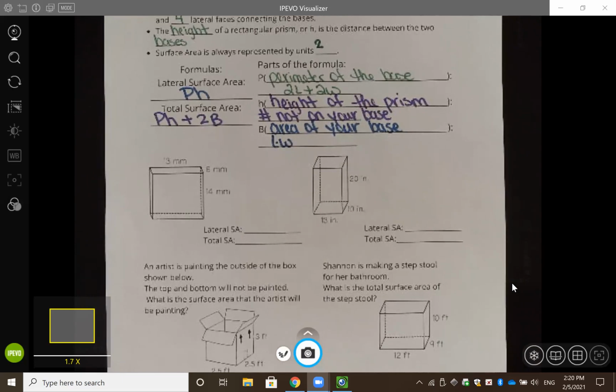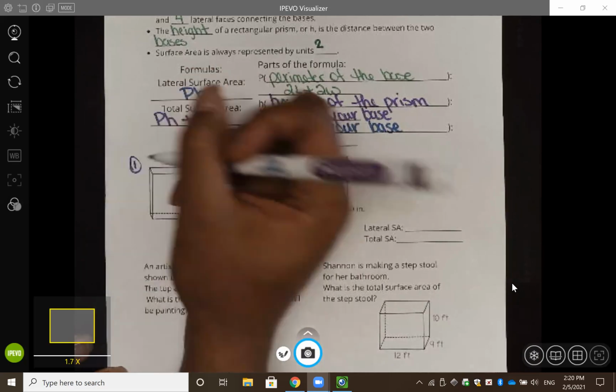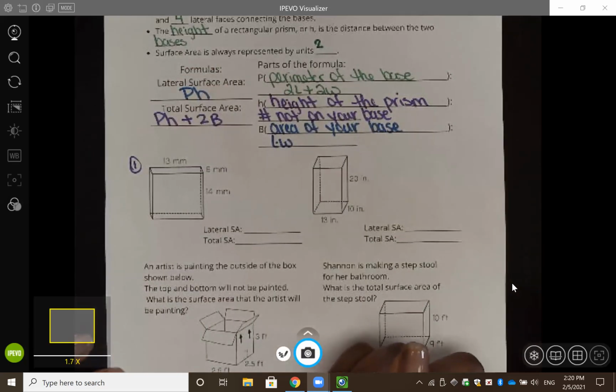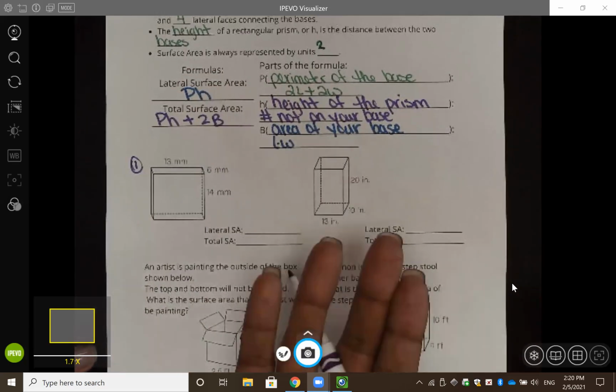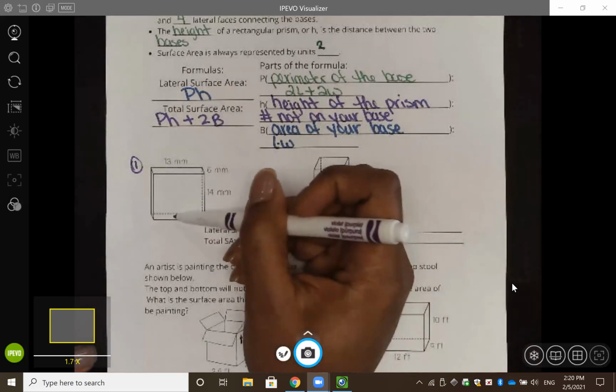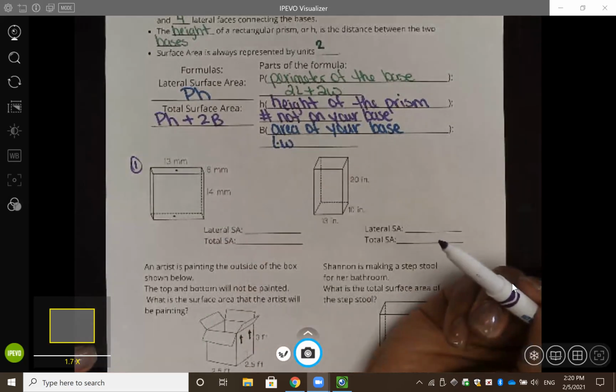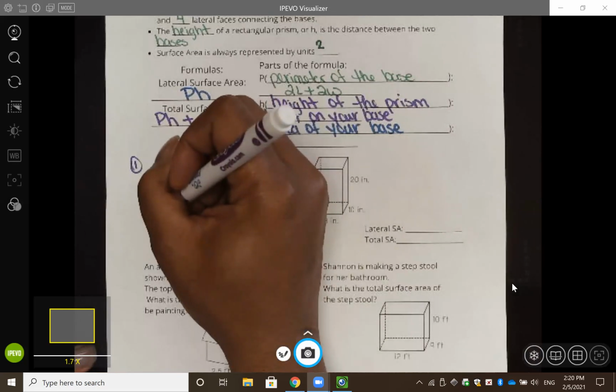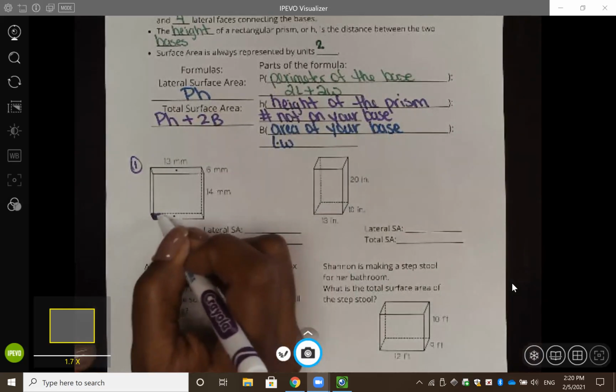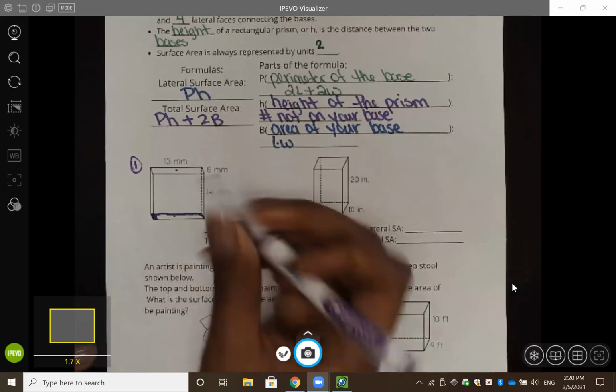We have two rectangles. First off, for number 1, your rectangular prisms always sit on their base. The bottom and the top is the base. So we have a base down here and a base down here. You have two bases. So the first thing I do is shade in my bases so I can identify what is connected to them.